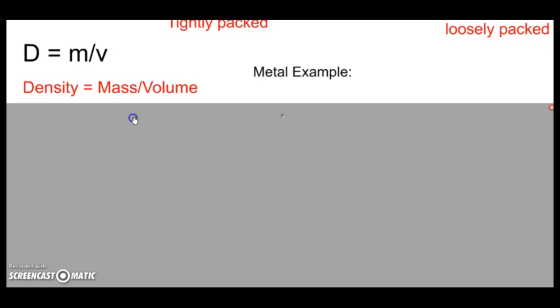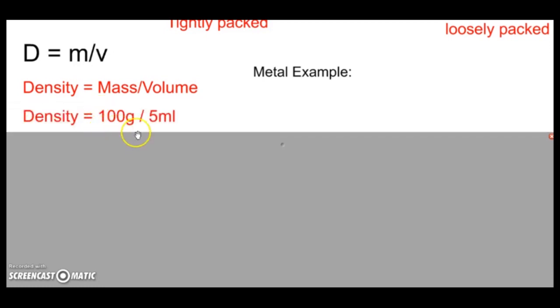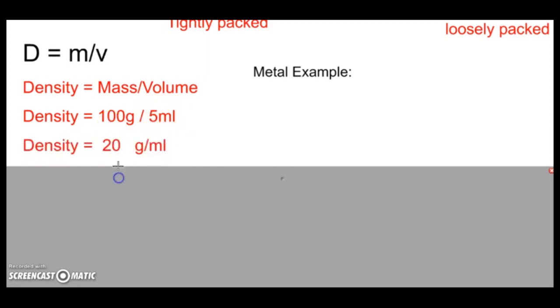So for example, if I have an object that is 100 grams, I weigh it on a scale, it weighs 100 grams, and I know that it takes up 5 milliliters of space, or it has a volume of 5 milliliters, that object has a density of 20 grams per milliliter. Now, grams per milliliter, the grams goes there, and the milliliters comes here.